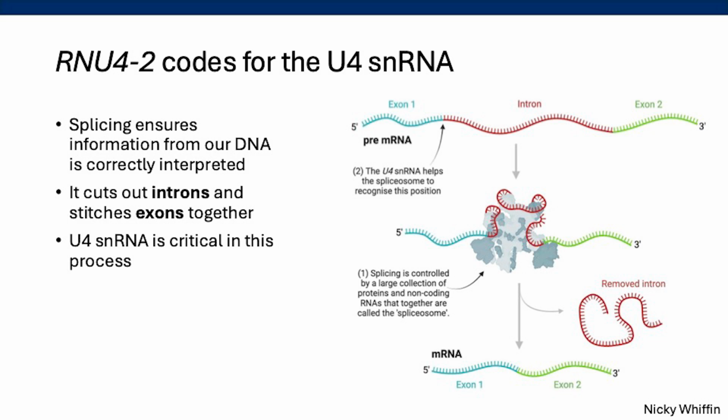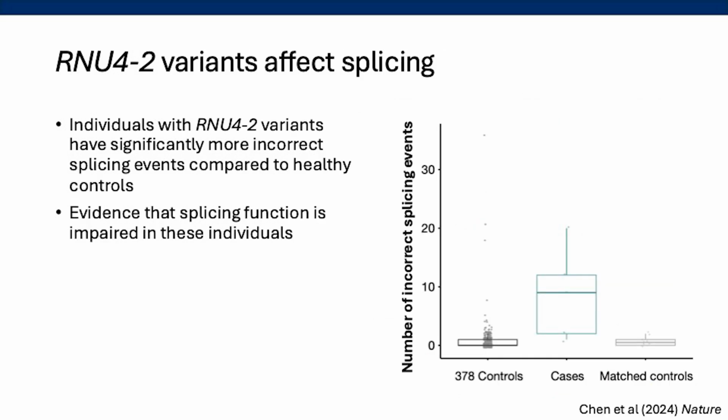Usually DNA is transcribed into pre-RNA, which has exons and introns. Then the spliceosome, the mechanism in humans responsible for splicing, comes in, cuts out the introns and puts the exons back together. And we know that the U4 snRNA, which RNU4-2 codes for, is critical in this process.